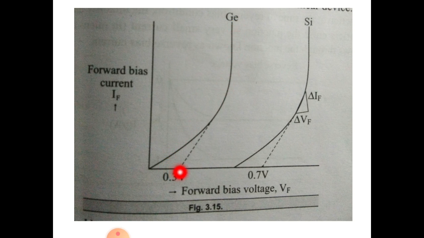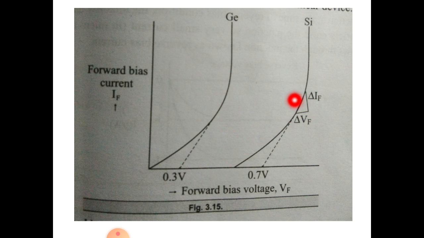This graph is not a straight line. You can see this is not a straight line. But at a particular value of current, the voltage is constant. You can see that at this point the voltage is constant.